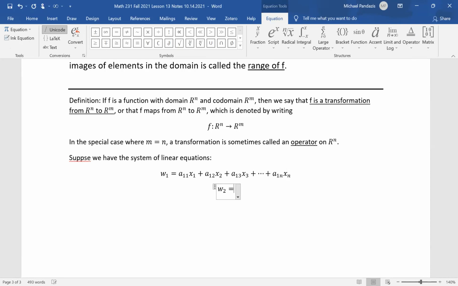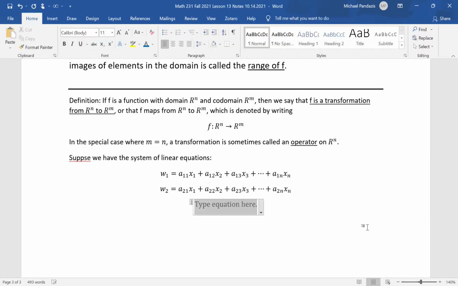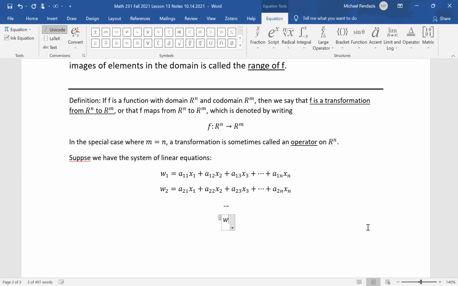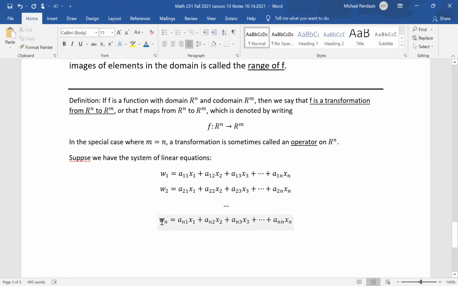And so W2 equals A21 x1 plus A22 x2 plus A23 x3 plus dot dot dot plus A2n xn, and then dot dot dot, and then the last one is Wm equals Am1 x1 plus Am2 x2 plus Am3 x3 plus dot dot dot plus Amn xn. Oh, sorry, this is m.